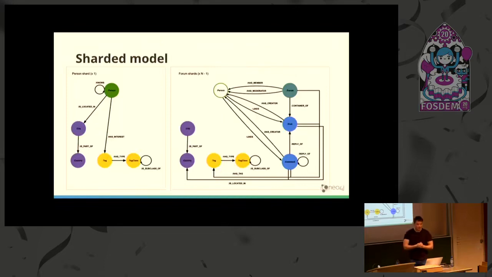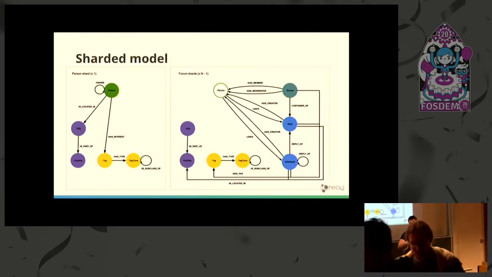We always have one person shard that contains all the information about the people and the relationships between them. And then the rest of the shards are what we called forum shards. We distribute all the forums on the remaining shards. This is a big advantage because, from a graph perspective, the forums are a forest, and they don't have any interesting relationships between them.